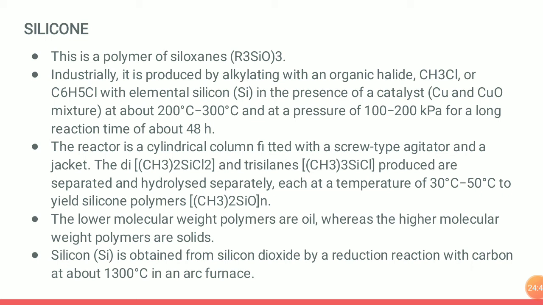Now the di and trisilanes produced are separated and hydrolyzed separately, each at a temperature of about 30 to 50 degrees Celsius, to yield the silicone polymers. Low molecular weight polymers are oils, whereas high molecular weight polymers are solids.